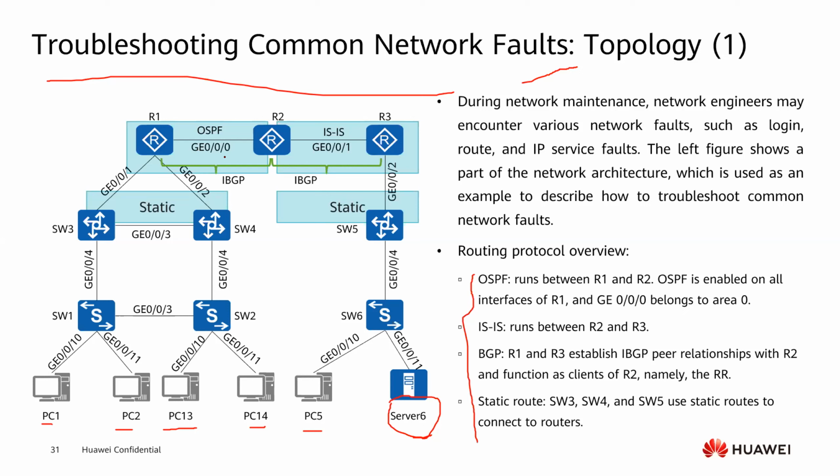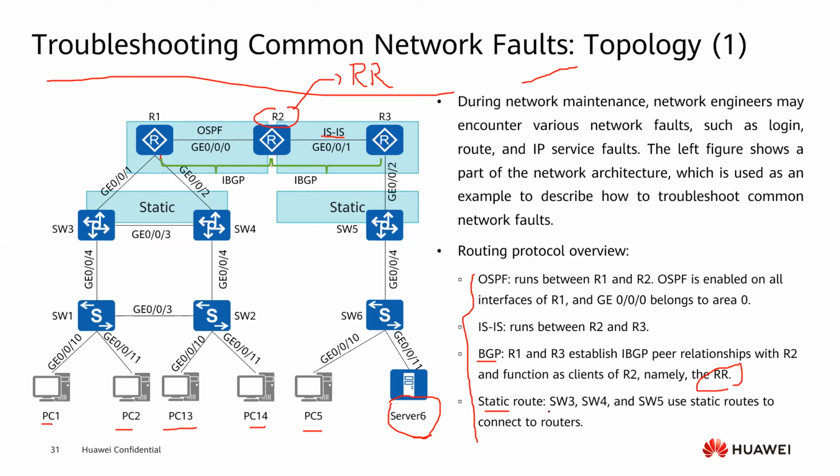We run OSPF, and between R2 and R3, the IGP we use is IS-IS. BGP is run between R1 and R2, and R2 and R3. So R2 acts as RR, R2 is the route reflector.